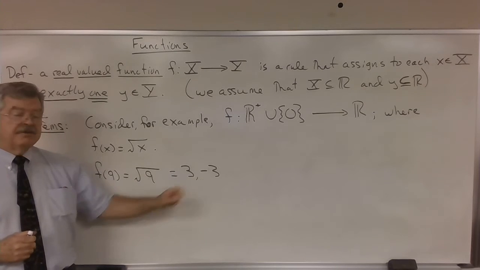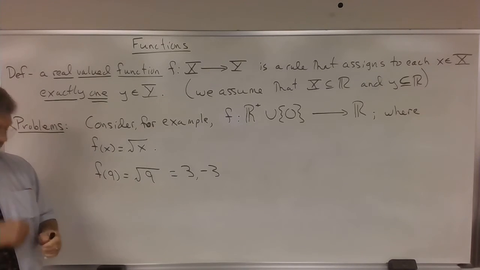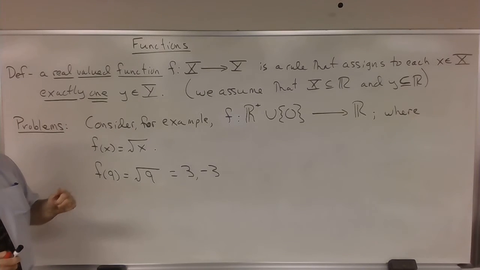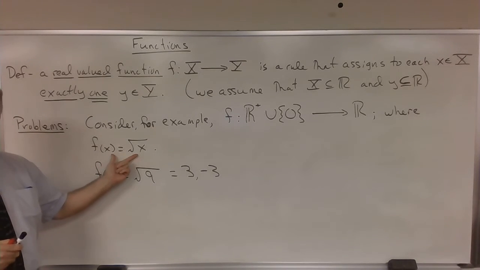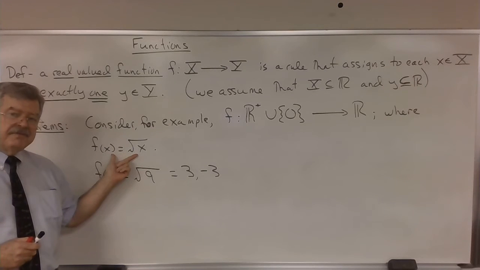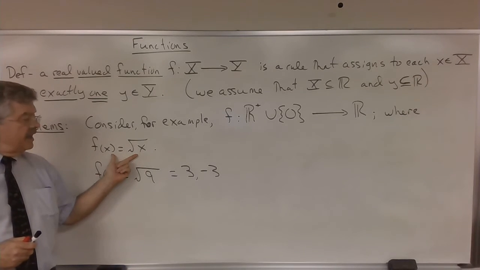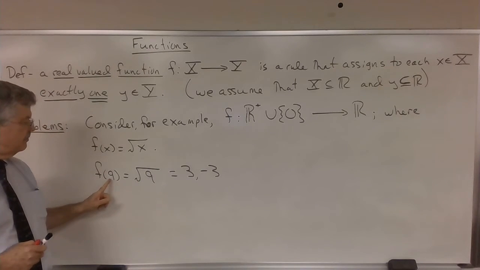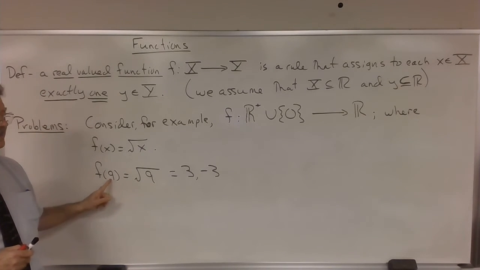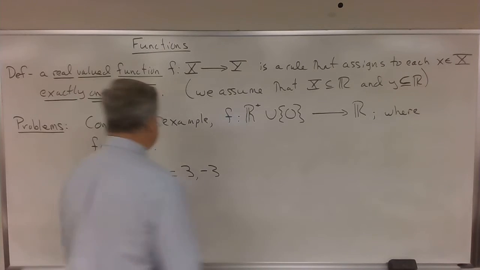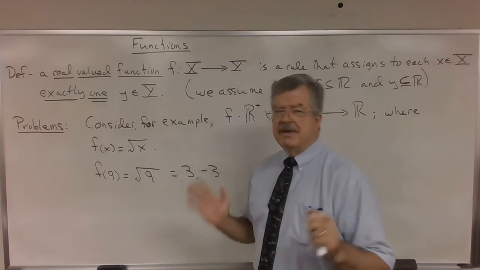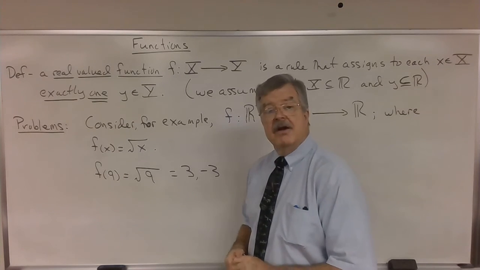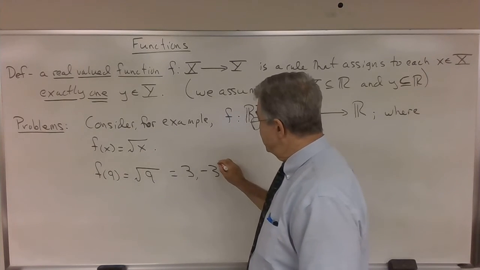Each of these is a square root of 9. But since the square root function is a function, it can only return one value for each value that we plug into the function. So, by convention, we've decided that the real valued function, square root of x, returns only the positive root.